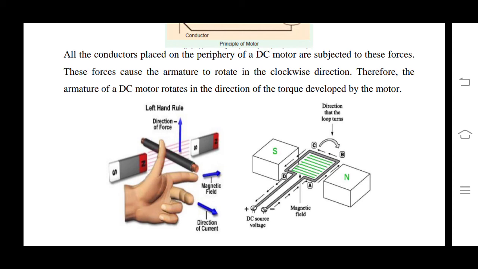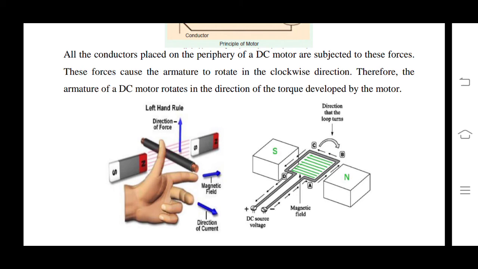A DC source voltage is given, minus and plus. Then in the current carrying conductors, conductor AB carries the incoming current, and CD carries the outgoing current.